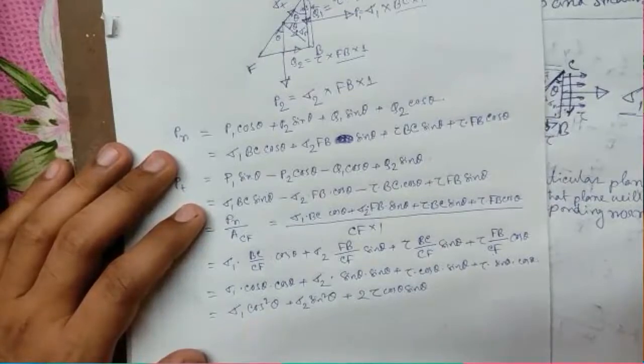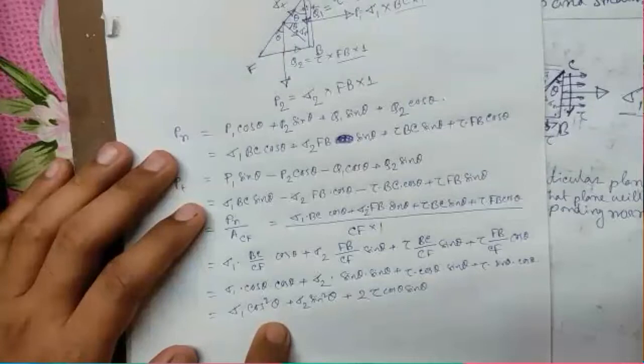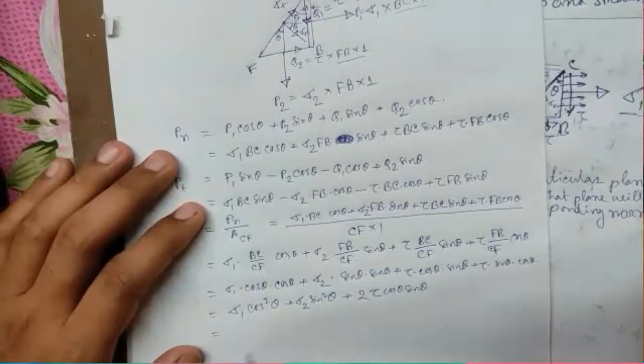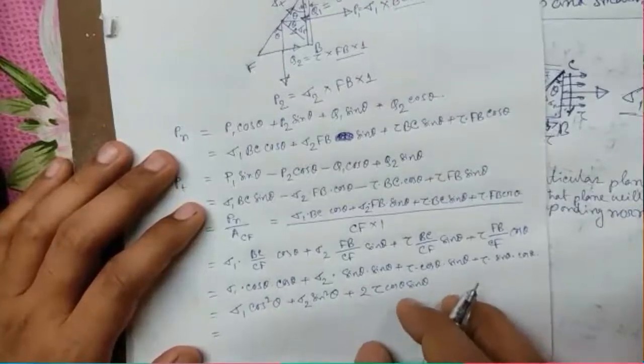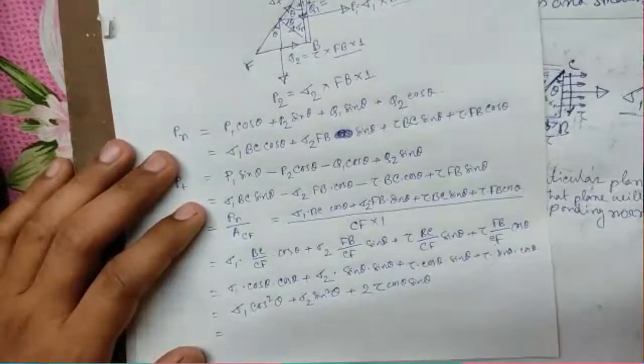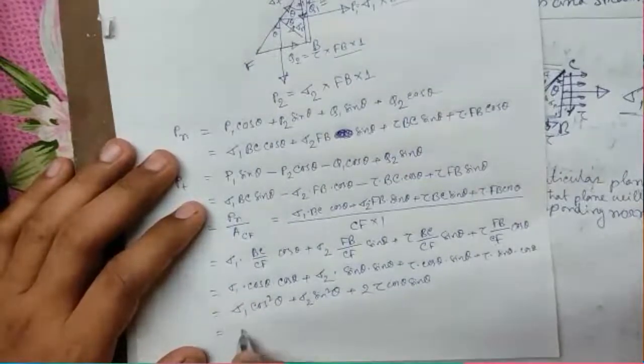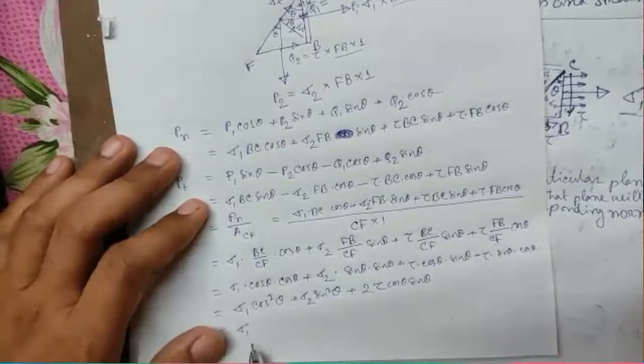If you can remember, 2 cos square theta is equal to 1 plus cos 2 theta. So from there we can write cos square theta is equal to (1 plus cos 2 theta) by 2. So we will replace this cos square theta and sin square theta using the formula we have learned in class 11.